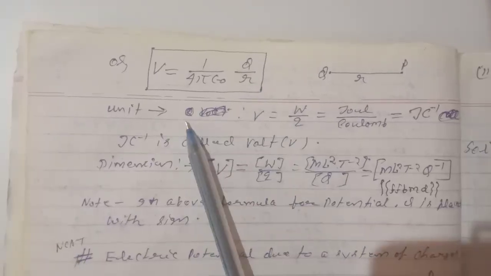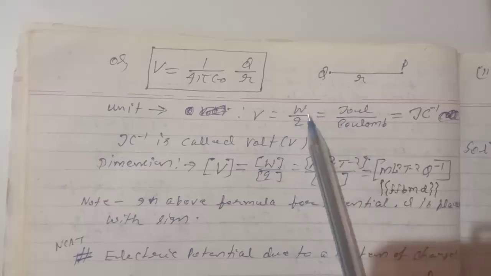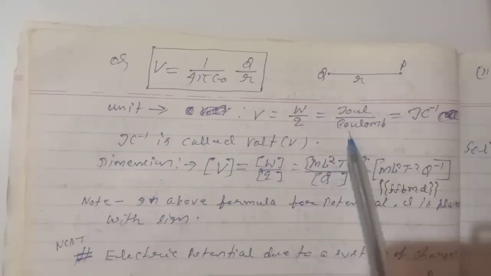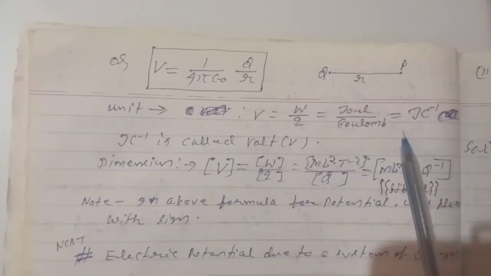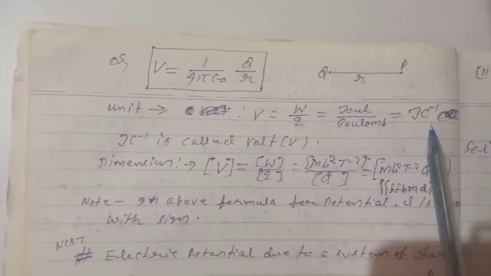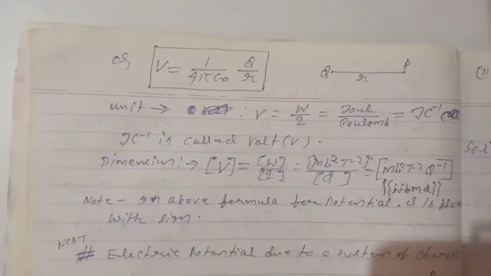Now the unit: since V equals W by Q from the definition, the unit of work is joule and the unit of Q is coulomb, so joule per coulomb is its unit in the MKSQ system, and joule per coulomb is called volt.